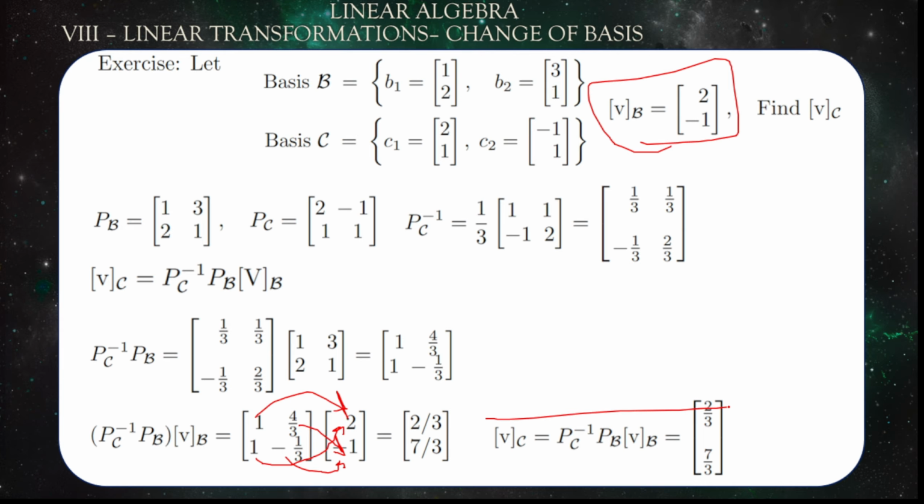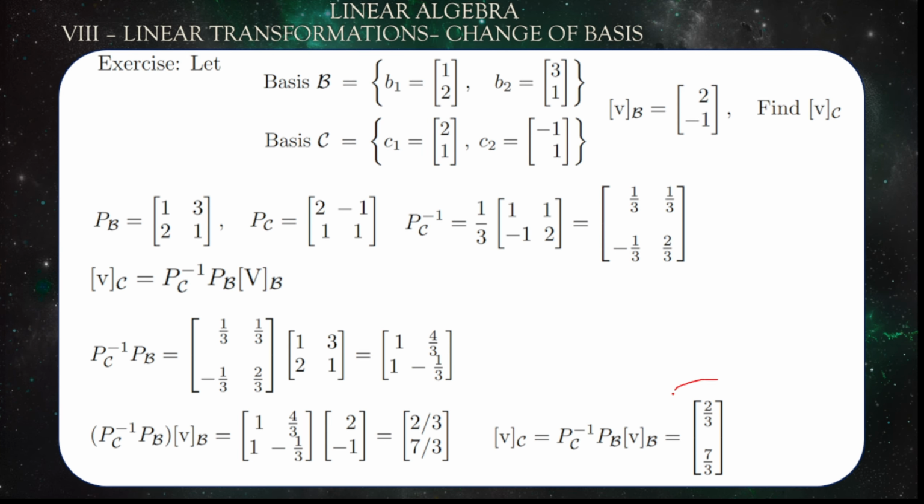So VC is given by PC minus 1 times PB times VB, the vector that is being projected from one coordinate system to another, which gives us 2/3, 7/3.